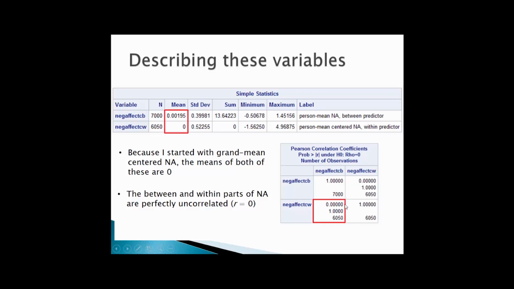And this sort of reinforces the point that I made earlier. Knowing something about a between-person relationship will tell you absolutely nothing about a within-person relationship, and vice versa, because the two variabilities are completely uncorrelated with each other. Okay. And so in essence, you can think about this as having residualized negative affect on its person-level means, if that helps you think about this.